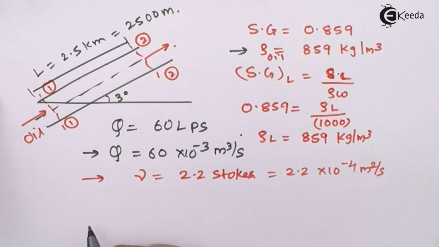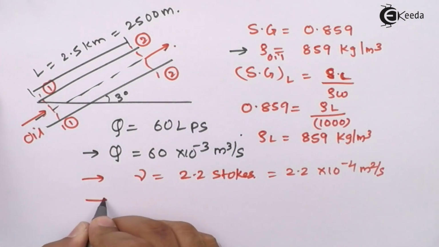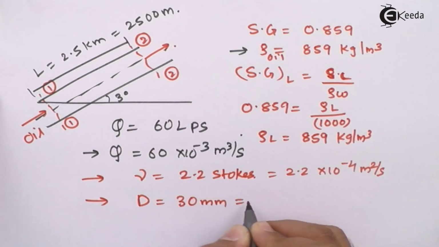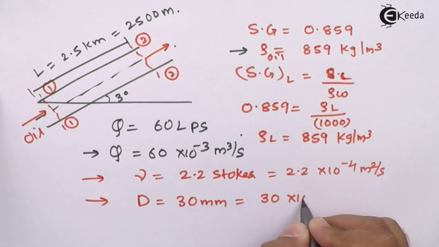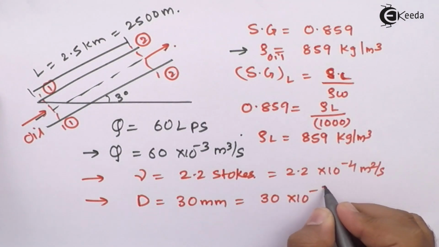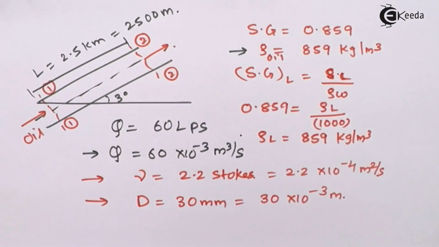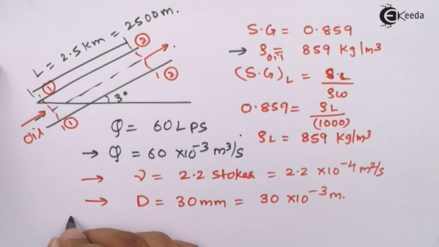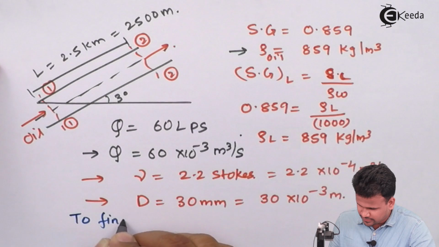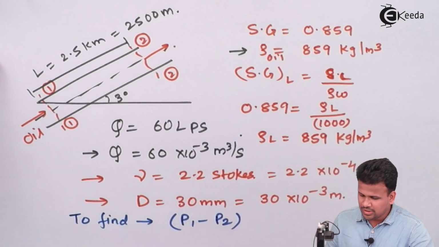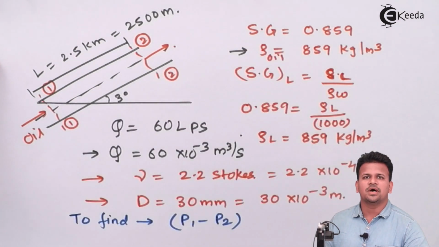Next, the diameter of the pipe is 30 mm, which is 30 into 10 to power minus 3 meters. Now what we have to calculate is the pressure difference between the two ends, P1 minus P2, across the pipe.